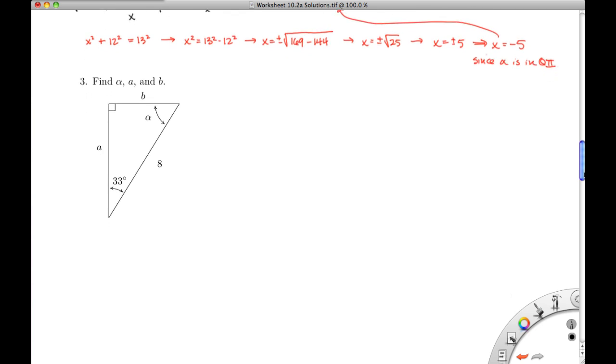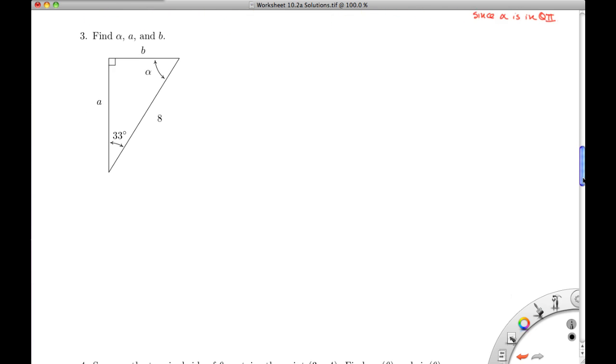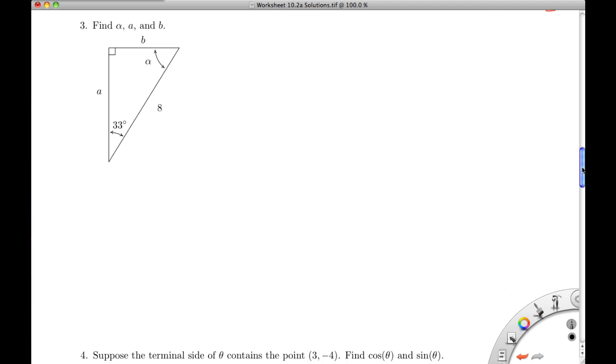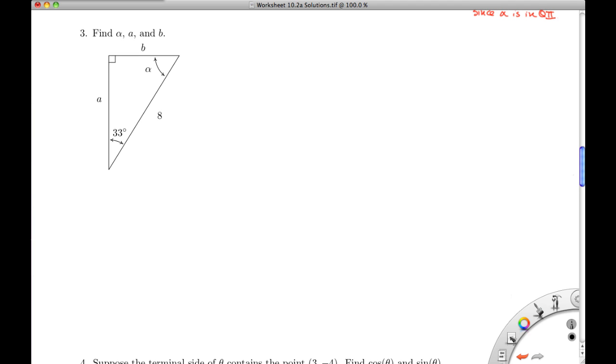Okay, so number 3. So we're given a partially filled in triangle, and we're asked to find alpha, A, and B. Okay, so let's find alpha first. We don't have to, but it's probably the easiest one, so we'll get it out of the way. So one of the things we can conclude about alpha is that it will be complementary to 33, because those two angles, 33 degrees and alpha, will have to sum to 90.